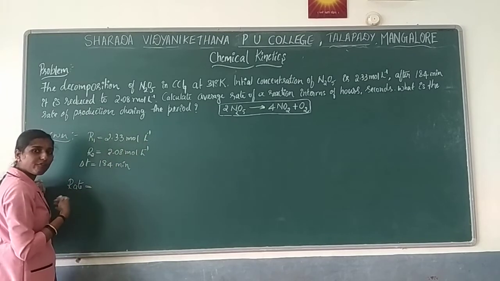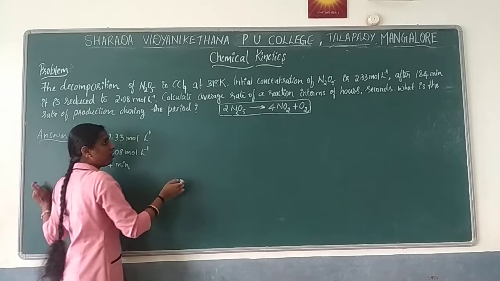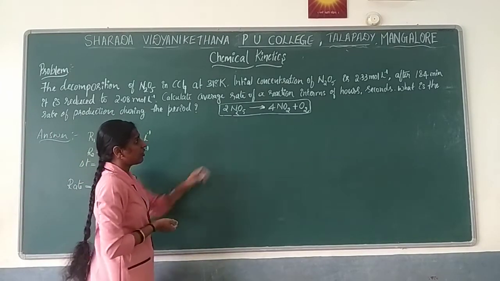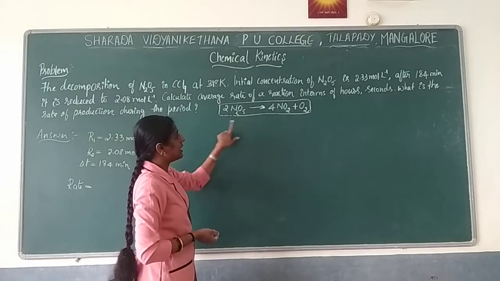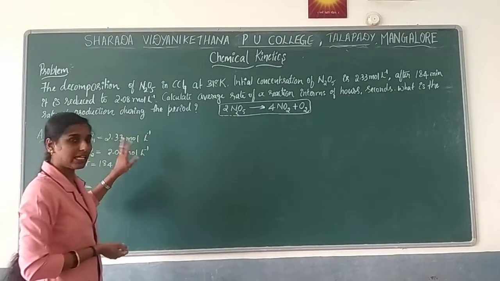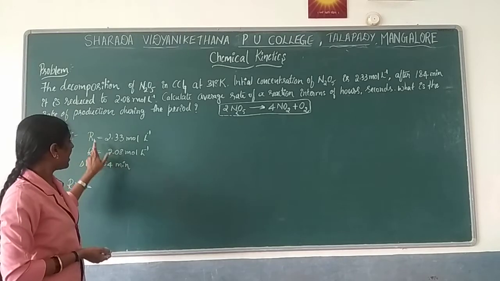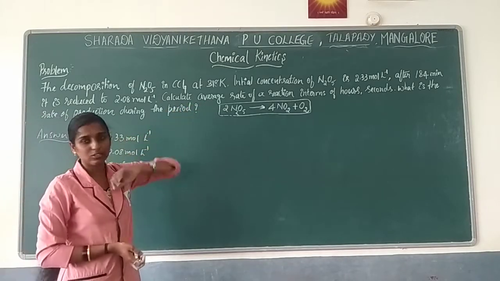You can write for the whole reaction, or simply instead of writing the whole reaction you can take only the reactant, because they have given the changes only in the reactant, and based on this you are supposed to find out the average rate of the reaction.